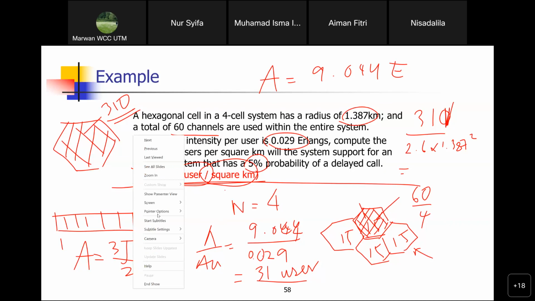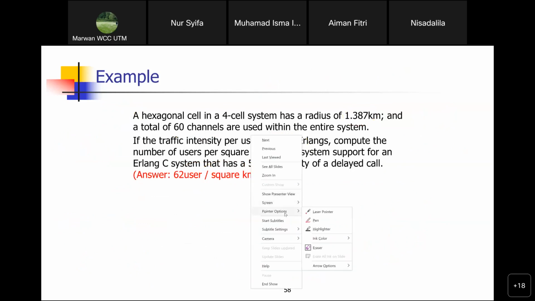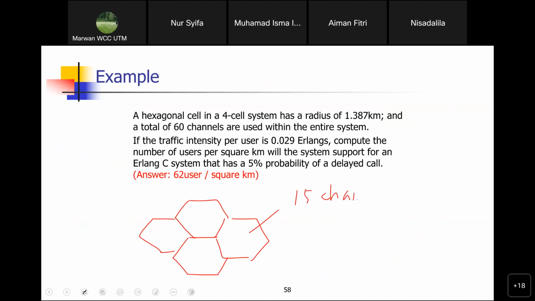But the idea for today's lecture is you can use trunking. In this case, you have a system of tier 4. One has 15 channels, and with 5% Erlang C, you can serve 311 users.